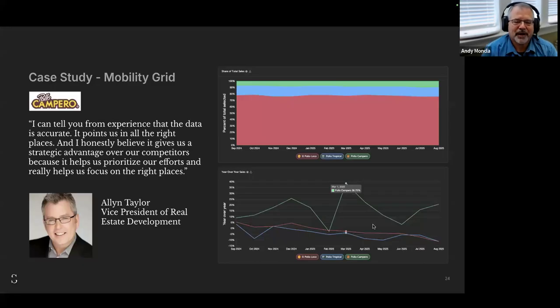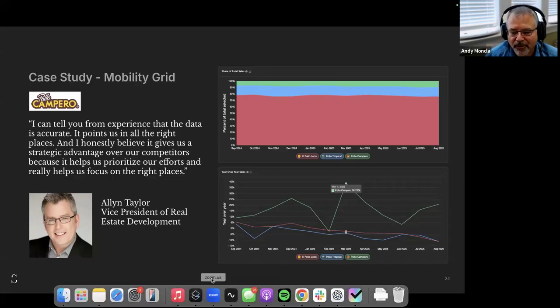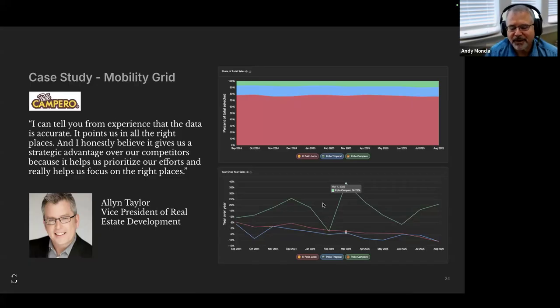Leiden asked me to talk about our first use of the mobility grid. And it was with Alan Taylor, who is now the VP of Real Estate and Development at Pollo Campero, one of our clients. But at his previous company, it was during conversations with him where he said, man, I just want to know where my best customers are, which kind of was the last straw.